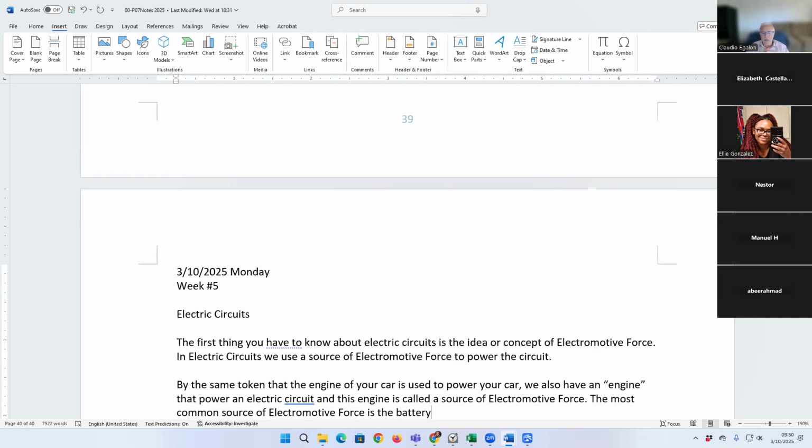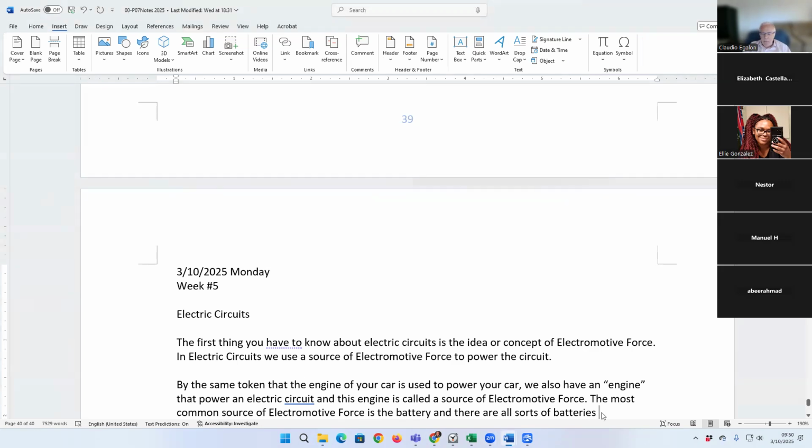There are other sources of electromotive force, but the simplest one is the battery, and anybody can buy a battery out there. There are all sorts of batteries.